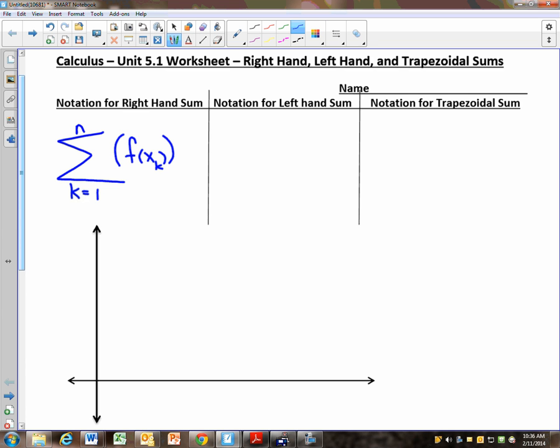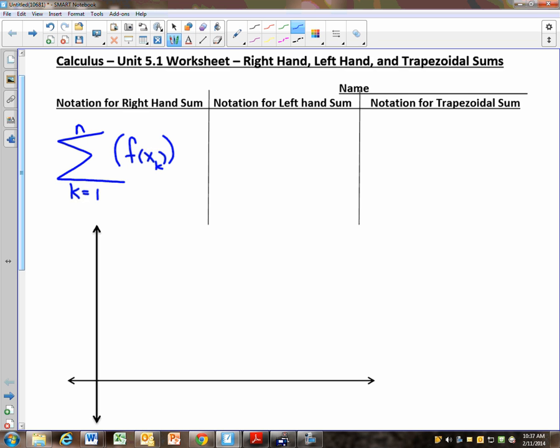So, here's the deal. We're going to write some notation for right hand and left hand and trapezoidal sums. Okay? So this is summation notation using Riemann sums. We've written it before. You're going to see it later, and we'll explain what it all means.